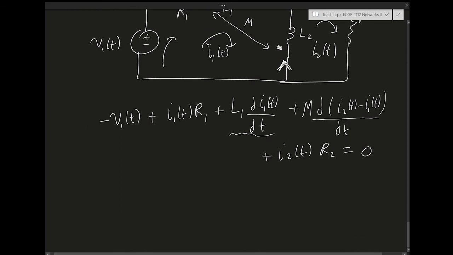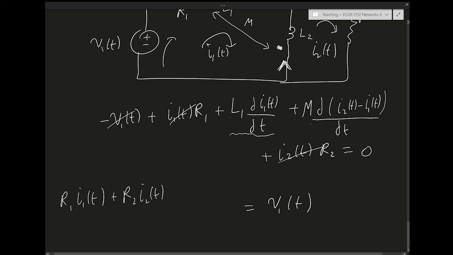I can rewrite that to get my first mesh equation. I can rearrange the constants, right? So I have V1 of t. Let me arrange everything here. What about I1? Just I1 by itself. So I have R1 I1(t), and then I have plus R2 I2(t), this term, right?